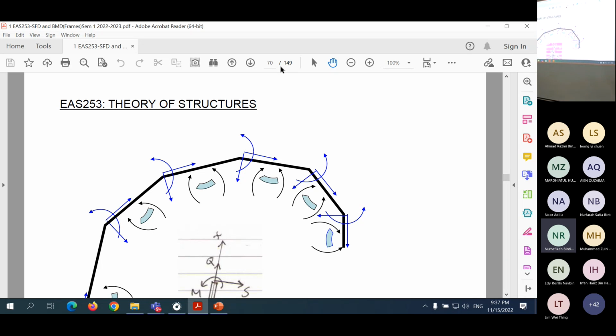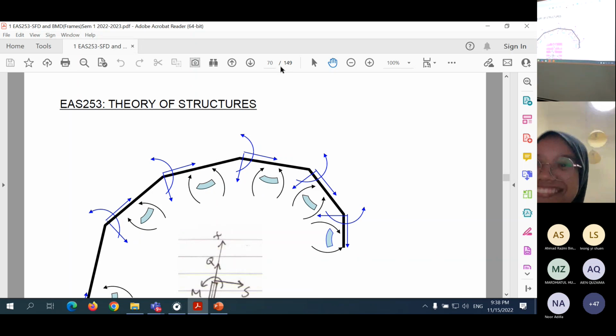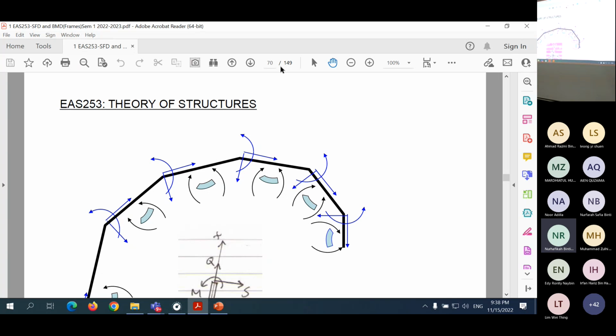Because when you use the equilibrium equations, you have to follow the direction of the shear force and the direction of the axial force. This is especially so later when we see inclined members. For an inclined member, the shear force and axial force have to be defined correctly. After that, the equilibrium equations you use will follow the direction of the axial force and the shear force. That's why it's important to know the definitions.